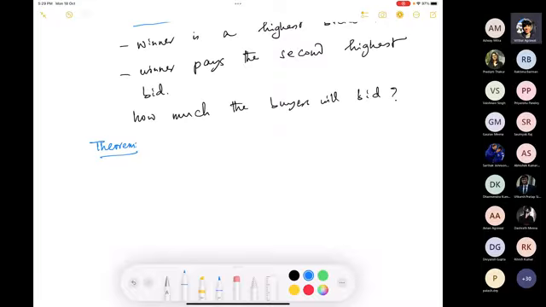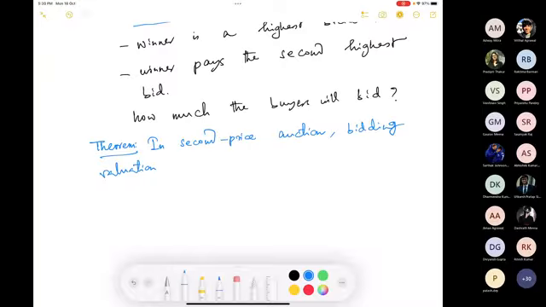And here is the theorem. In second price auction, bidding valuations maximizes utility.